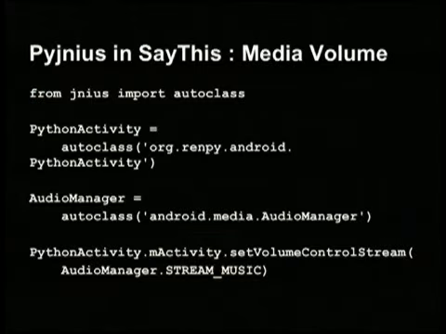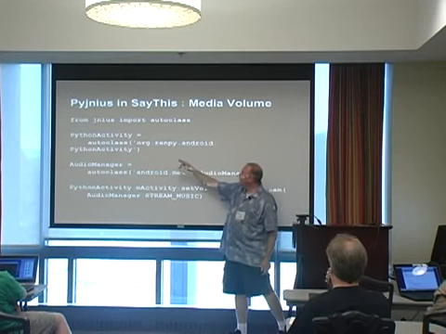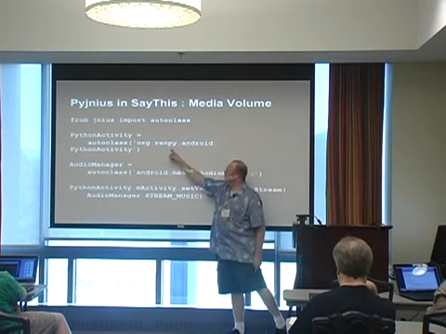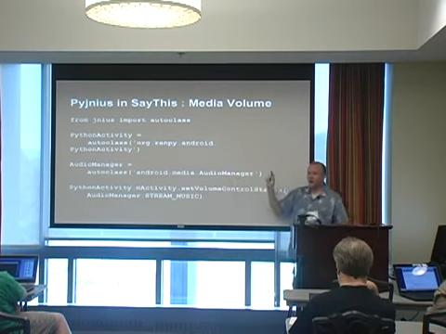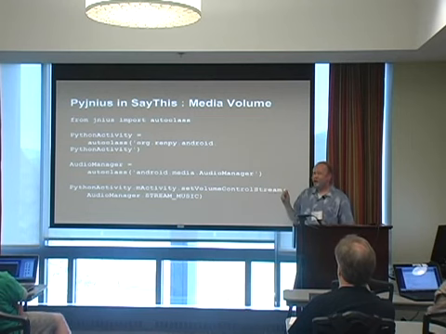Before Plyer, this is how I did text-to-speech in the application we saw today. Import autoclass from jnius, and we take a Python activity, and we wrap. This is actually kind of weird. Ren'Py is another project that does Python on Android. I believe it's a Pygame-based thing.